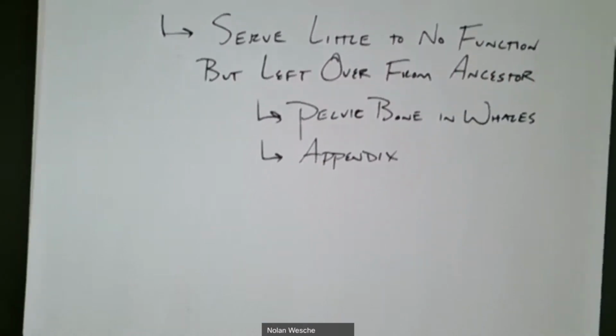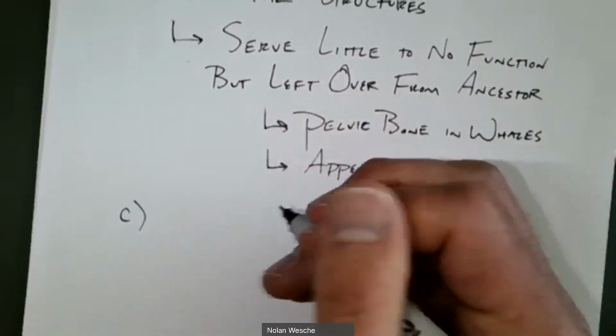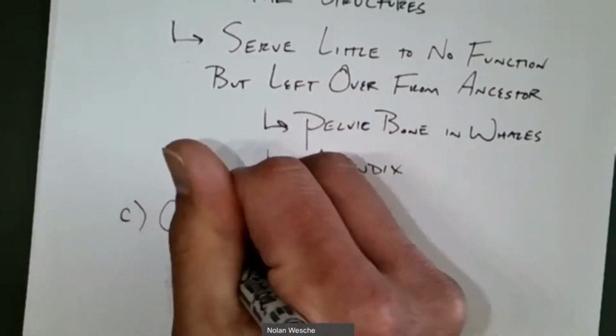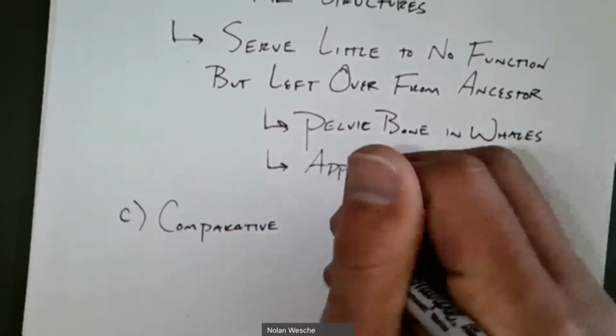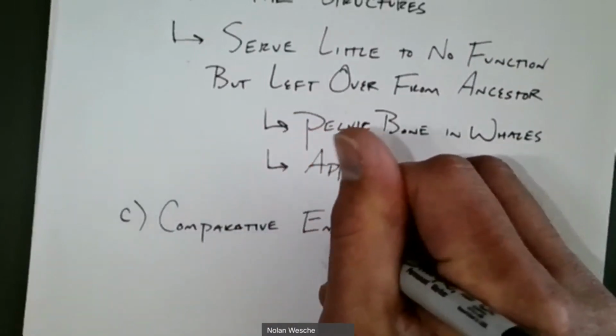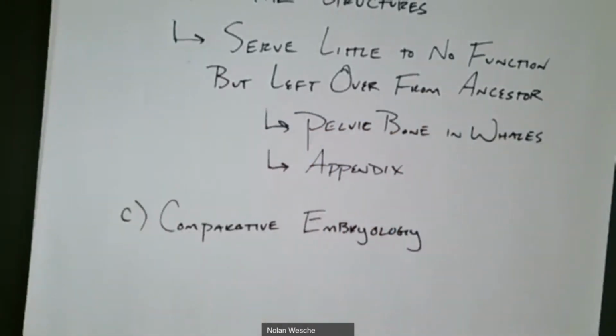Let's look at item C. So again, item C, the last item under anatomical structures, is comparative embryology.